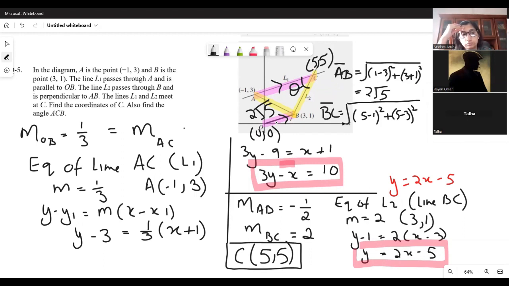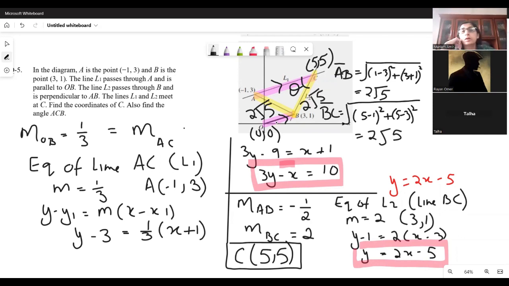Miss 5, that's not what I got. 5 minus 1 whole square plus 5 minus 3 whole square. Ryan, you're not trying this. That's fine. कर रहे होते तो मुझे बता रहे होते साथ साथ. Miss, 2 under root 5. हाँ, same answer. Yes, 2 under root 5. Same as AB. So this is also 2 under root 5.